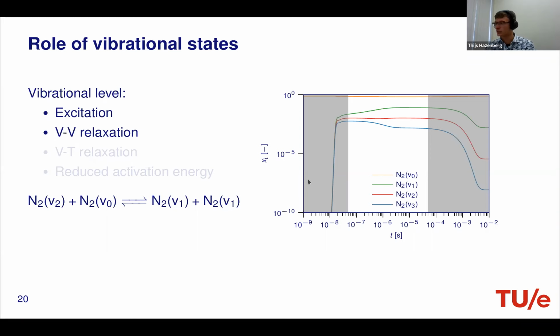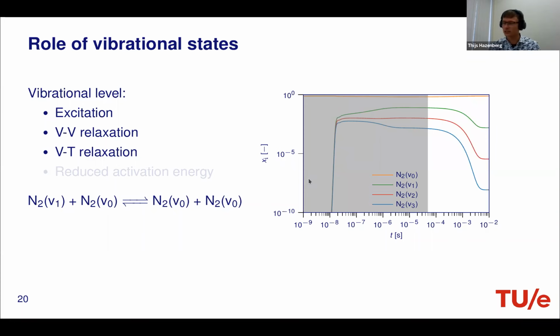Typically, this is a process which is faster than the other process, and that is vibrational-translational relaxation. This is the process where only one of the two changes a vibrational level, and that does create an equilibrium with the gas temperature. So we went from unpopulated vibrational levels to creating a lot of excited states, to having VV relaxation and creating a vibrational equilibrium.